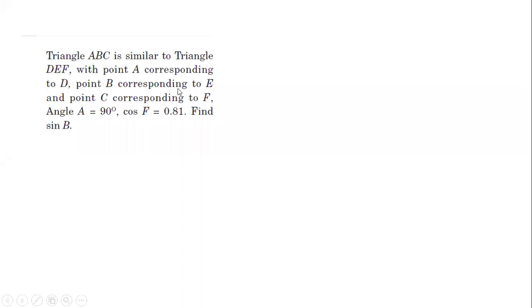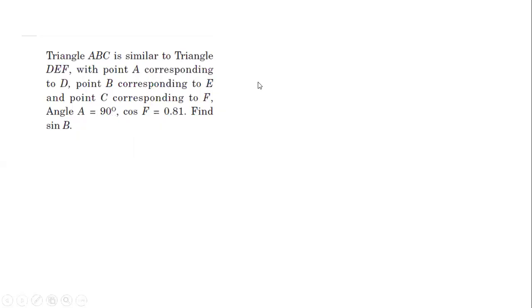So here in this question, there are two triangles. Triangle ABC is similar to triangle DEF. Let me try to draw the triangle where A is corresponding to D, B is corresponding to E, and C is corresponding to F. And be careful, they have already mentioned angle A as 90 degrees.